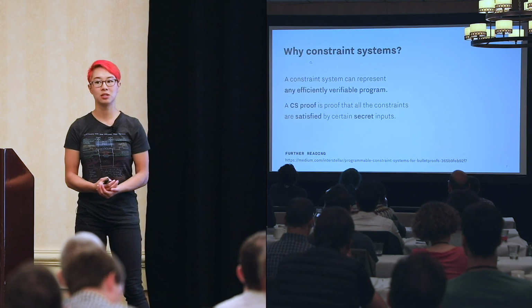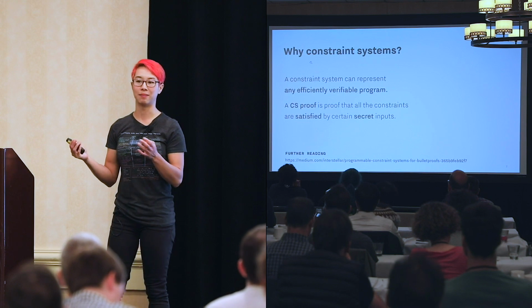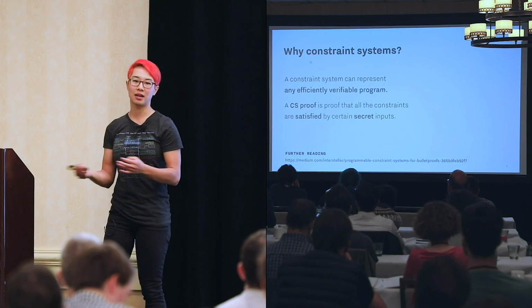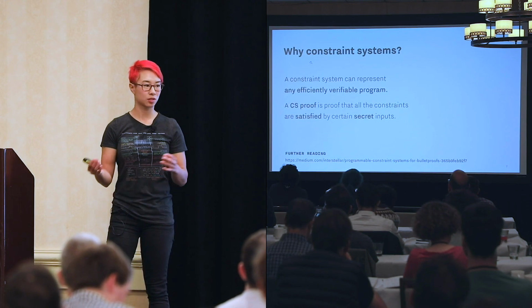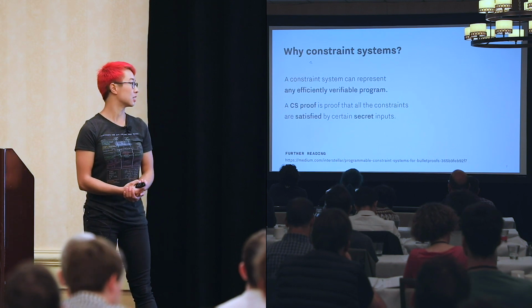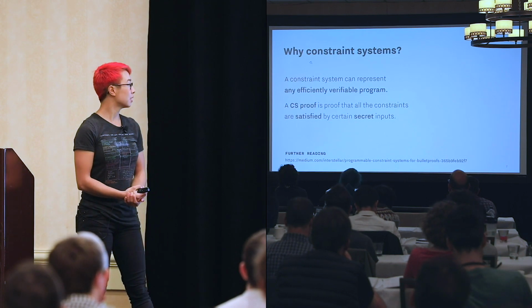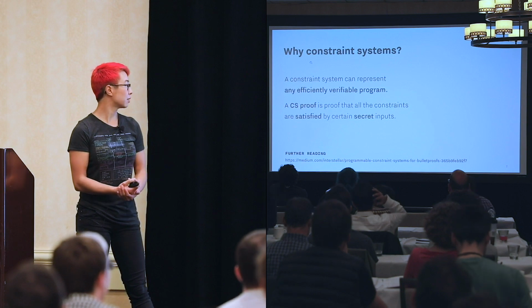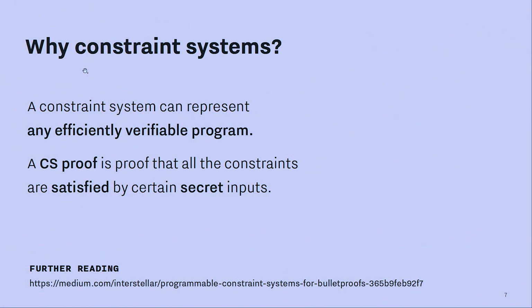So we use the R1CS abstraction to make it easier to work with, and that compiles down to an arithmetic circuit pretty trivially. When we're making a constraint system proof, we're making a proof that all of the constraints are satisfied by certain secret inputs.